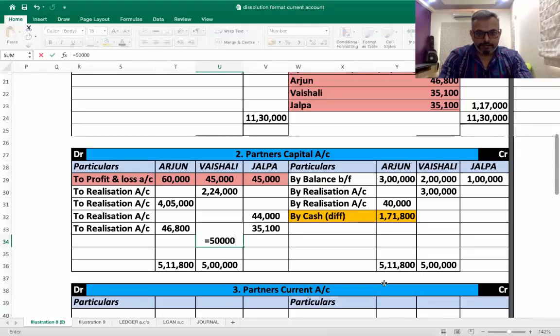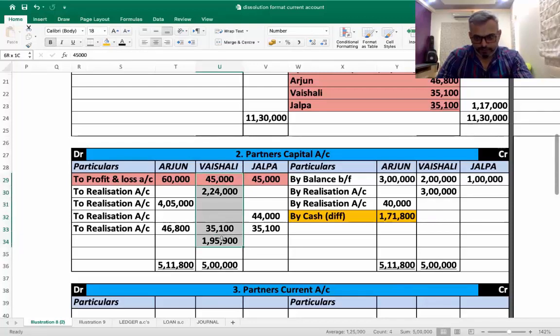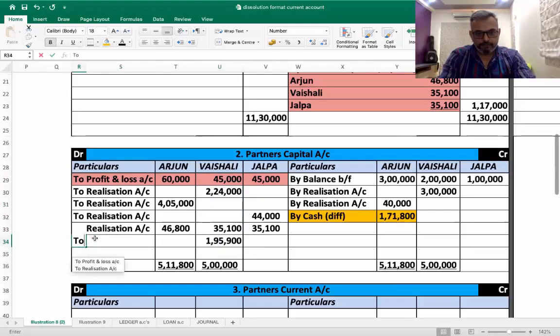Five lakh minus 45,000 minus 2,24,000 minus 35,100. So 1,95,900. Always cross verify. Did it match? Okay, it matched. Now this will again be to cash.